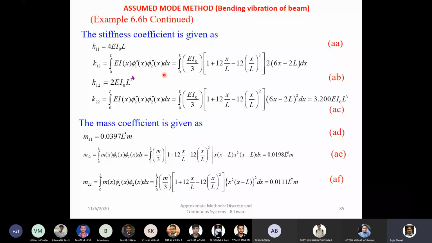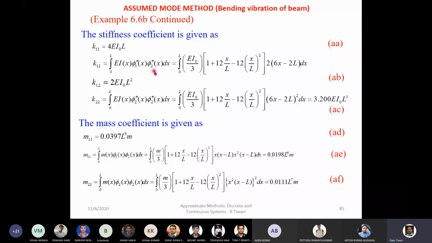So here K11 is exactly the same. There is no change from what we calculated earlier. For K12, in the obtained expression, if we put i and j as 1 and 2 respectively, we'll get the K12 expression like this. So here phi1 double prime and phi2 double prime.